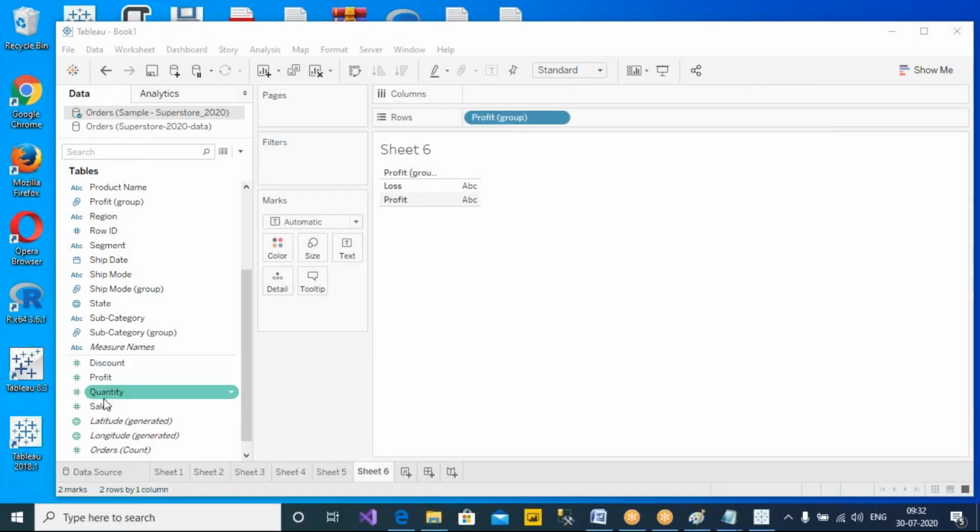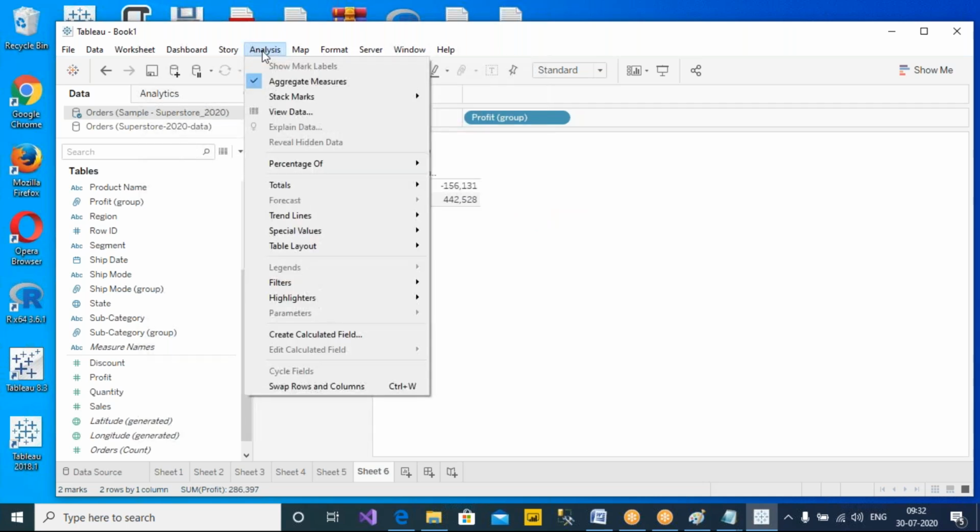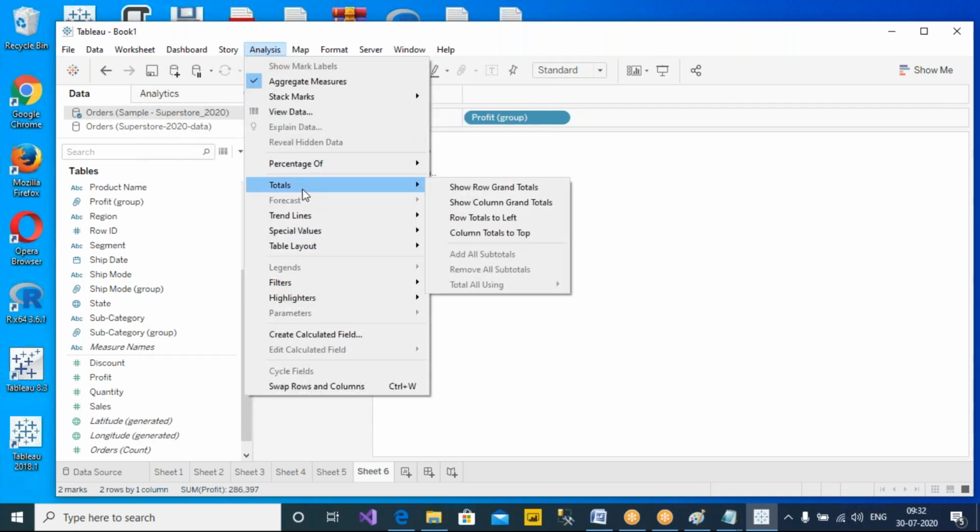And let's drag your profits into this section. So till now you got this much of loss, and this much of profit. So what is the total profit you got? This plus this. And how do I show that on the screen? Go to the analysis tab, go to totals, and then is it a column total or a row total?